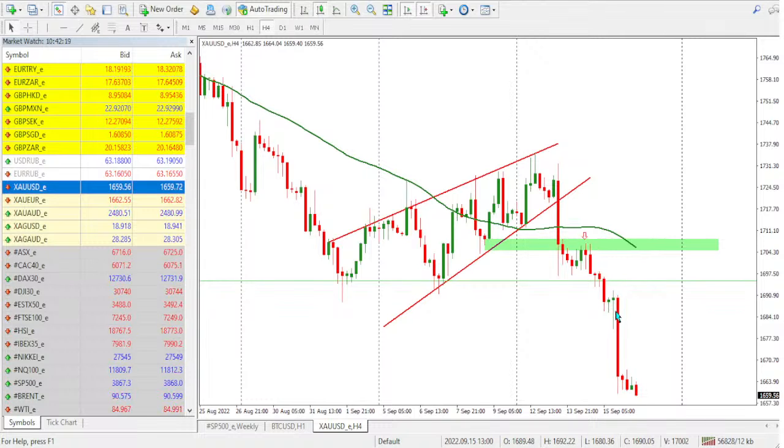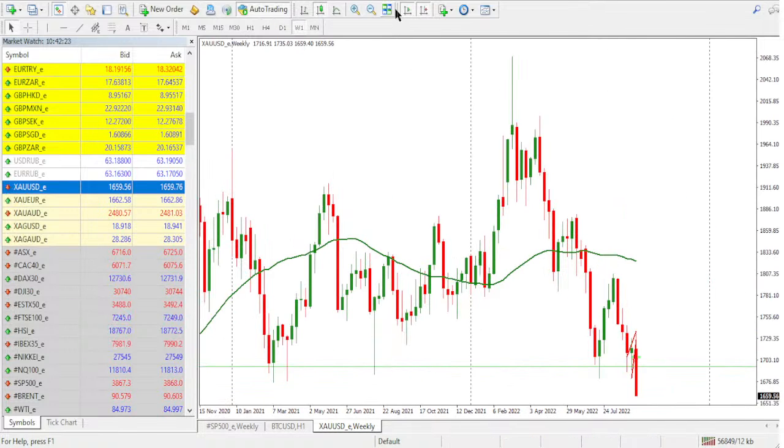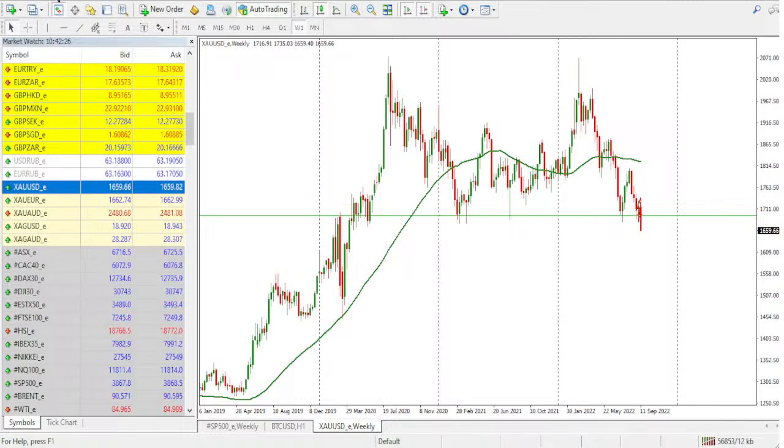We are still keeping on with that sell position. Our target is fixed at this price here. So if the current week's candle manages to close below this point, these two lines, that would be a good sign that we're now continuing downwards, at least up to this point here, which is 1498.91.